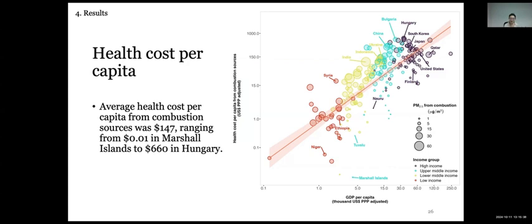So basically, when the value of life is higher, your willingness to pay is higher, whereas when it is lower, your willingness to pay is lower. It doesn't mean that your life is worth less than other people's lives.